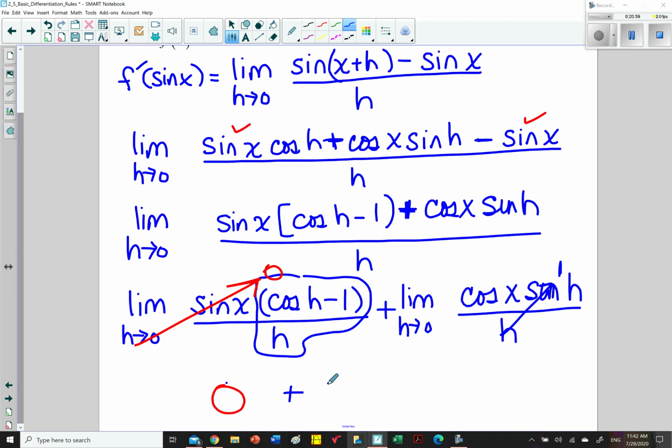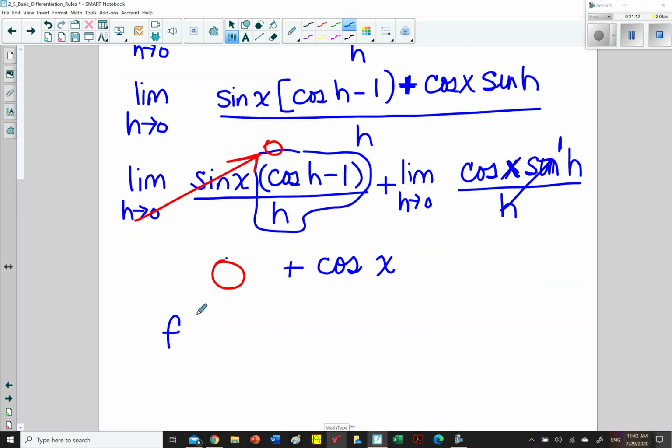So this is cosine of x, because there's no 0 to plug in for our x. So we just proved that the derivative of sine is cosine.